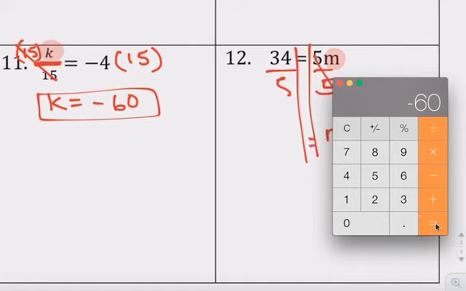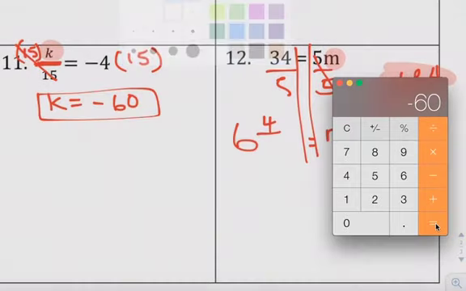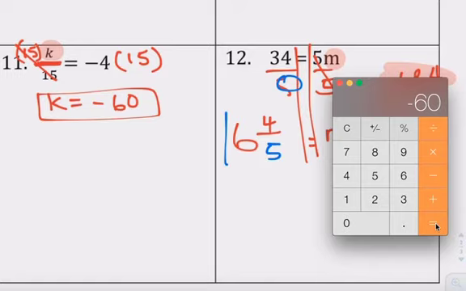M equals 34 divided by 5. 6 times 5 is 30, remainder 4. So your answer is 6, remainder 4. Now we need a denominator. We can't just have a numerator as a remainder, so this denominator 5 comes down here.